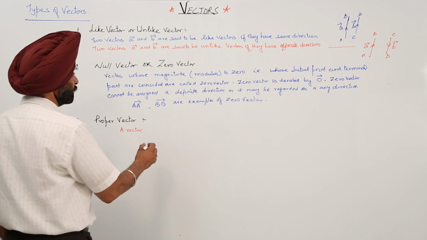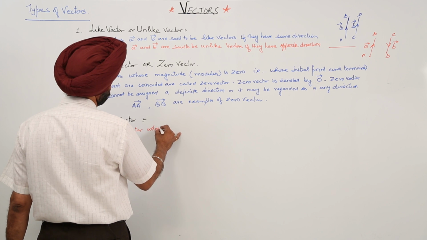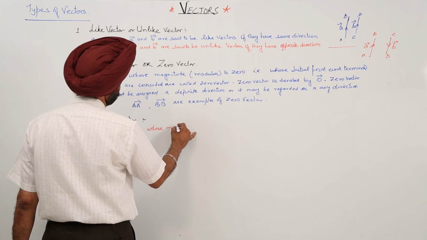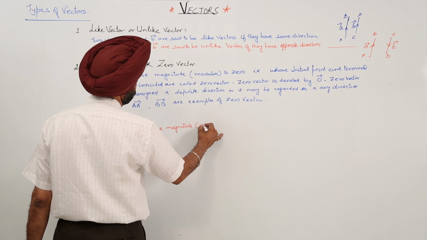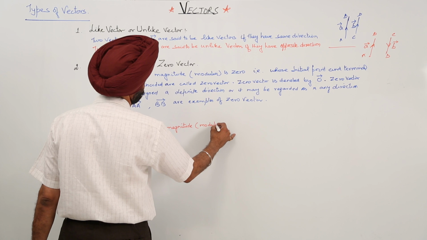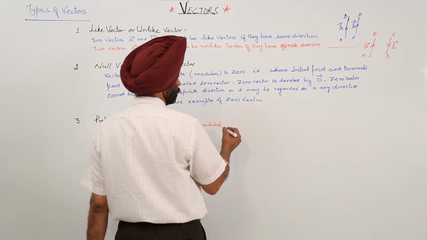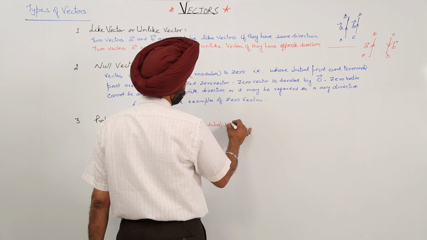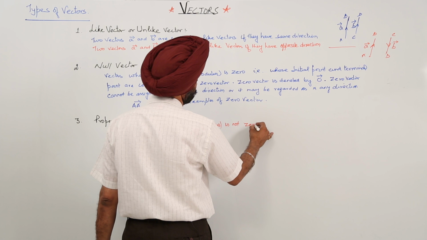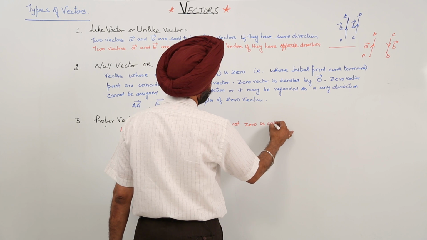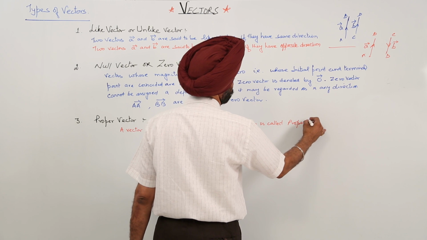Okay, a vector whose magnitude or a modulus is not 0 is called proper vector.